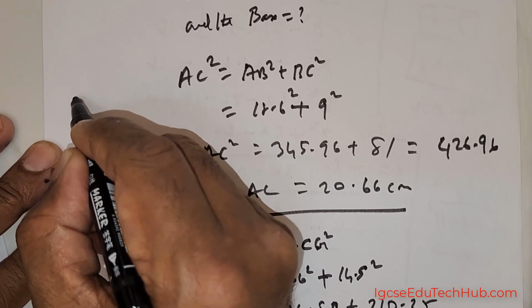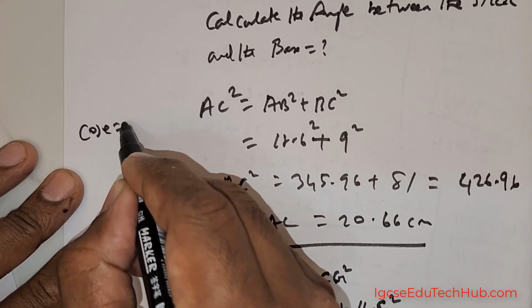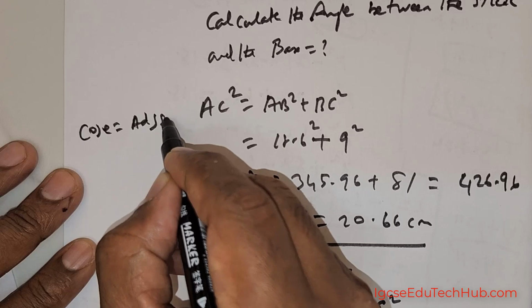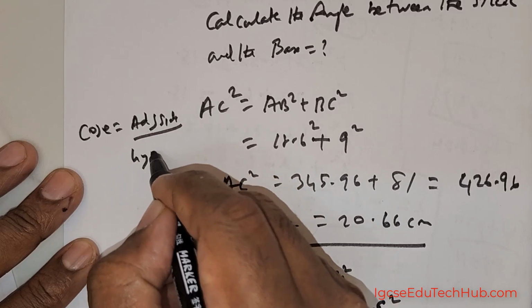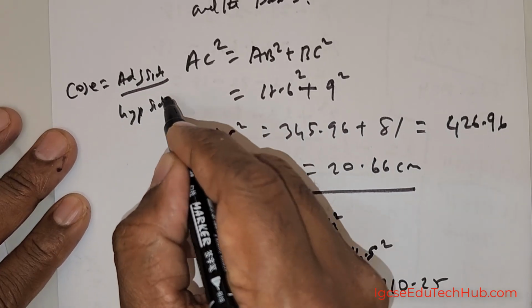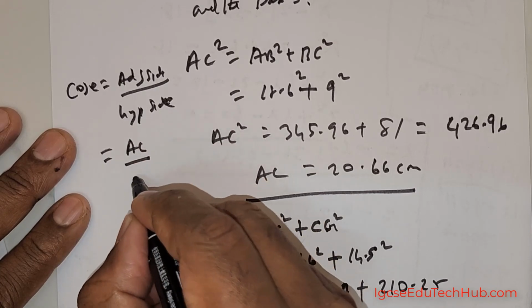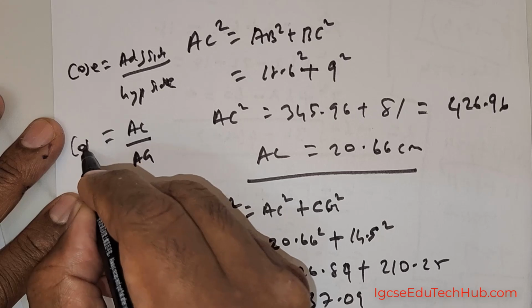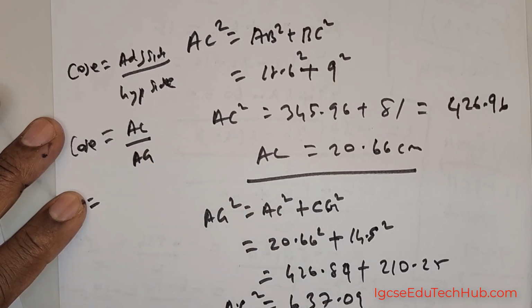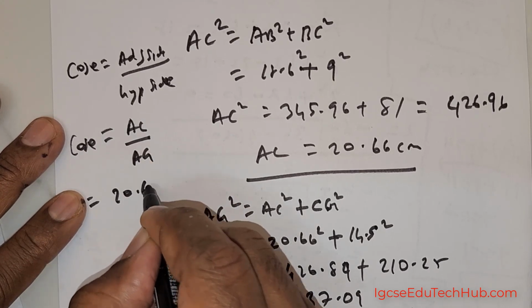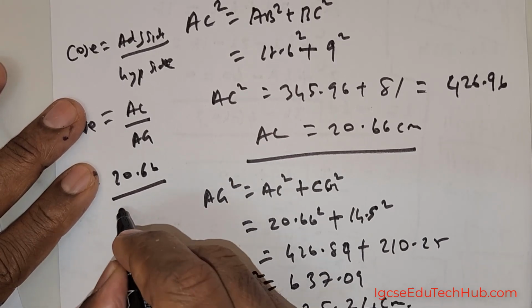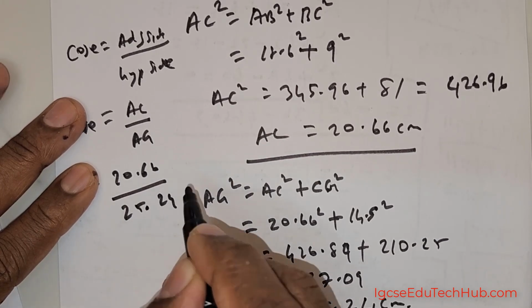So cos theta is equal to the adjacent side divided by the hypotenuse side. Adjacent side is AC divided by hypotenuse side AG. This is cos theta. So AC is 20.66 divided by AG is 25.24.